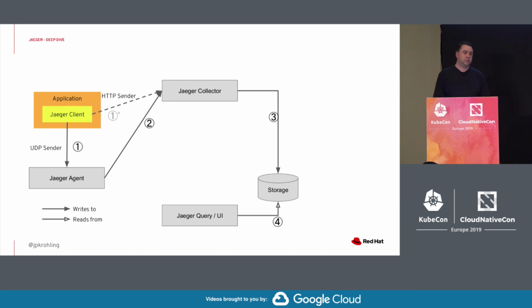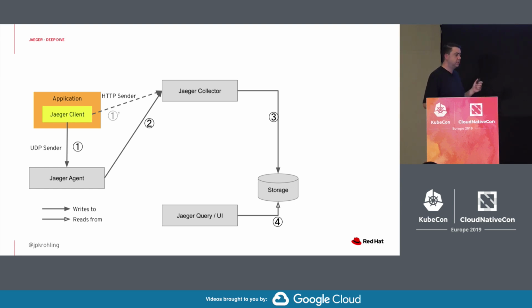How it actually sends doesn't matter, but it's in a more reliable way. And then from the collector, we store data into permanent storage. So Cassandra, Elasticsearch, or something more ephemeral, so in memory, or perhaps local storage via Badger, or even something new that you write yourself using storage plugins.